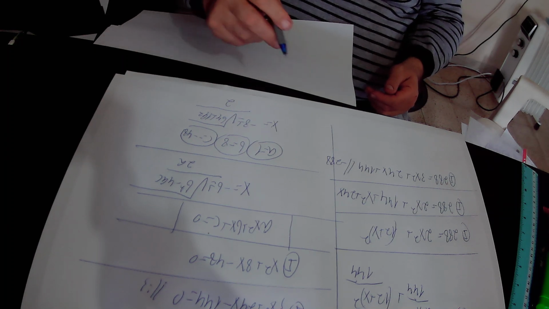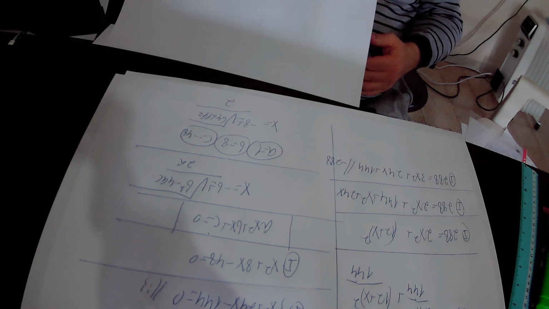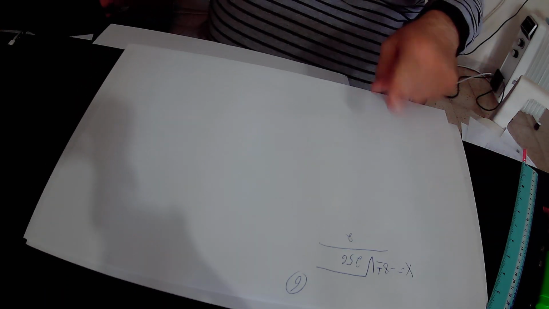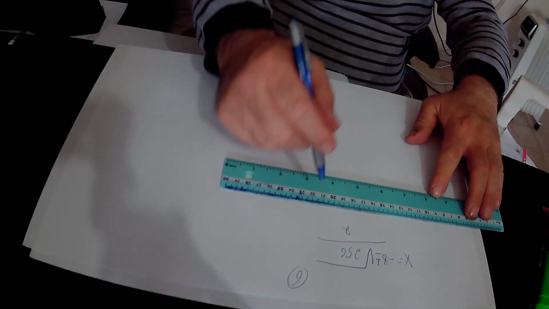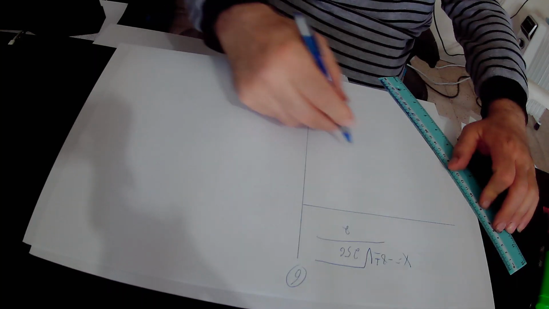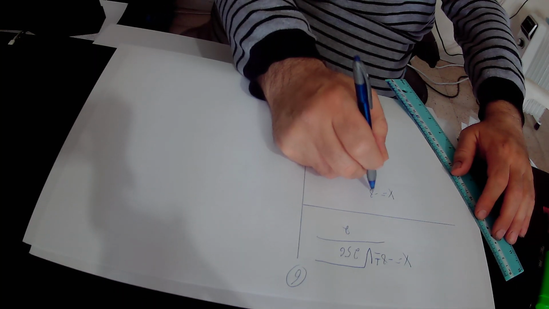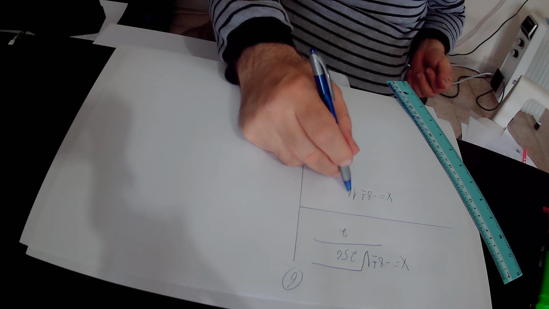So inside the root we are left with only 256, over 2. So x equals minus 8 plus minus, and the square root of 256 is 16, over 2.